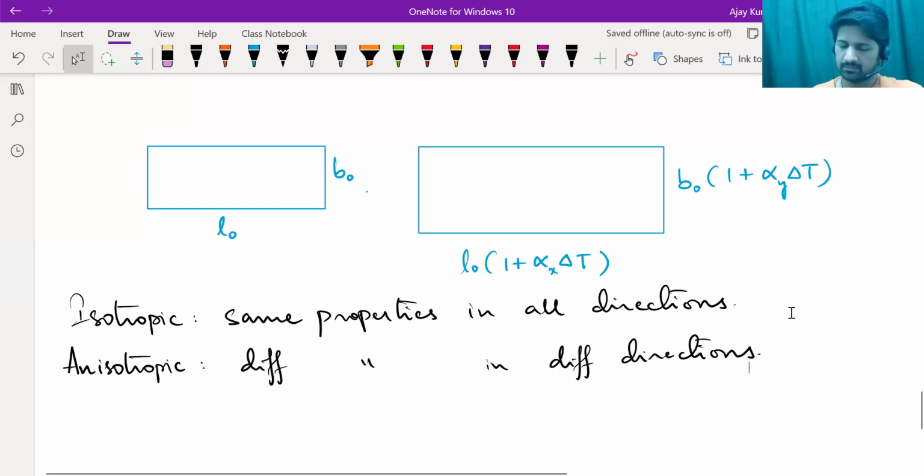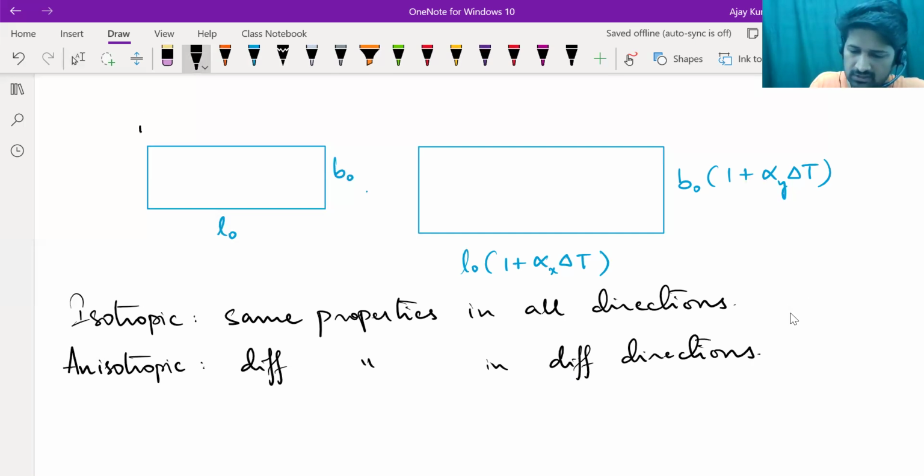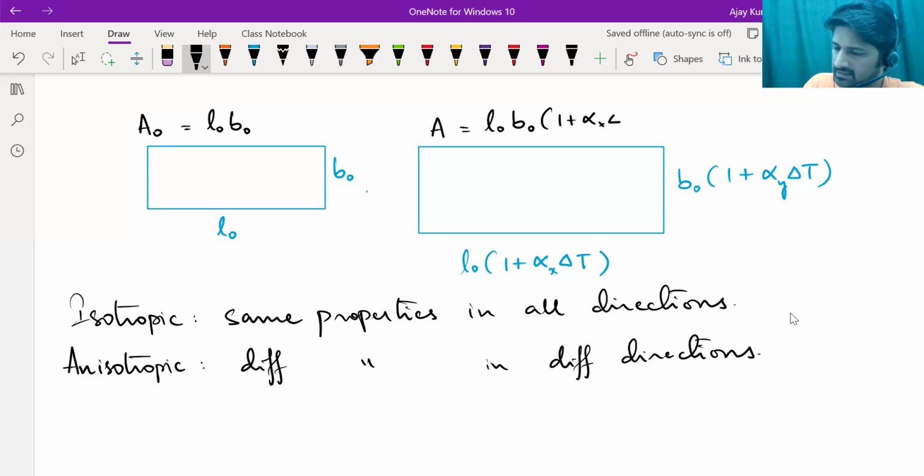We'll derive it generally. Now, if length is L naught and breadth is B naught, the original area is L naught B naught. Then if length expands and breadth also expands, the new area becomes new length into new breadth. So it becomes L naught B naught times 1 plus alpha along the x-axis delta t, multiplied with 1 plus alpha along the y-axis delta t.